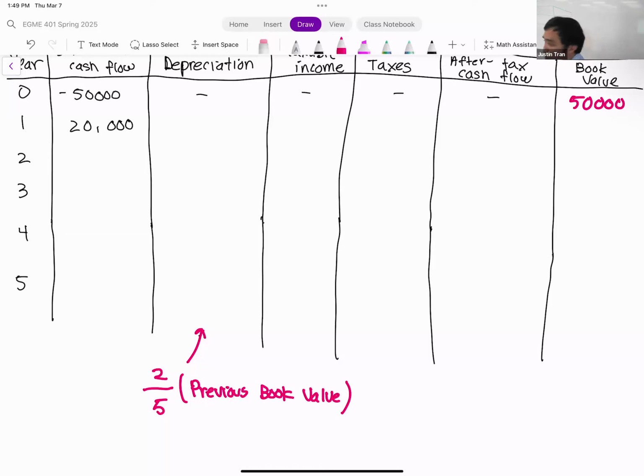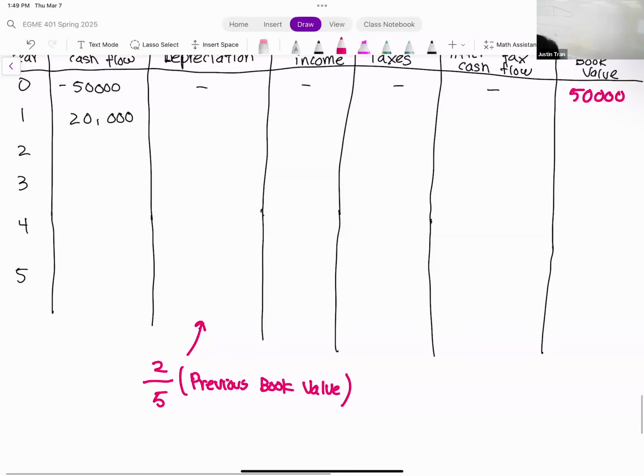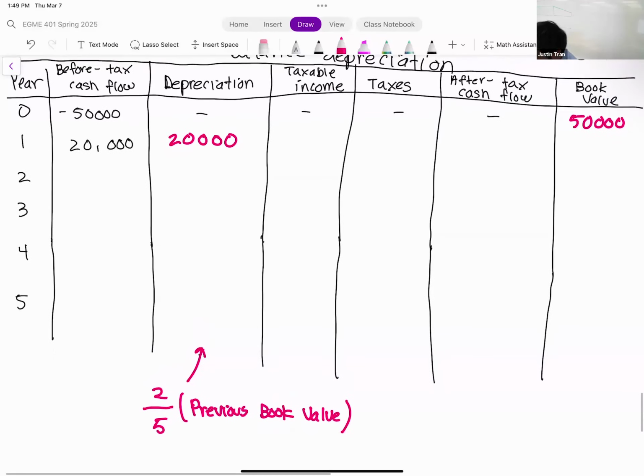The previous book value for this row is going to be 50,000, so we take 2/5 of 50,000, and so our depreciation is 20,000. Actually, let me write in the expression here. This is going to be 2/5 times 50,000, which is equal to 20,000.